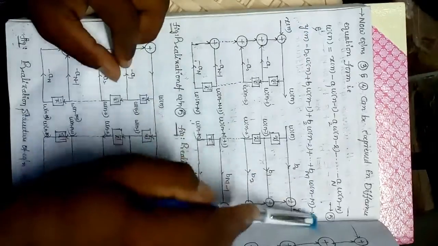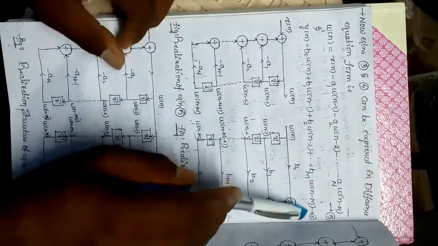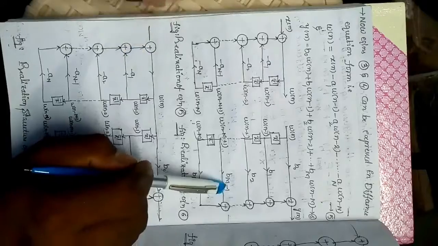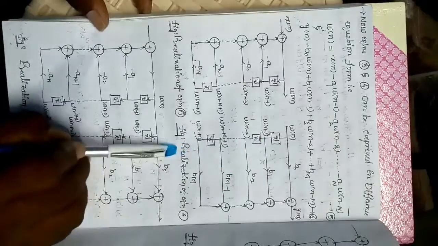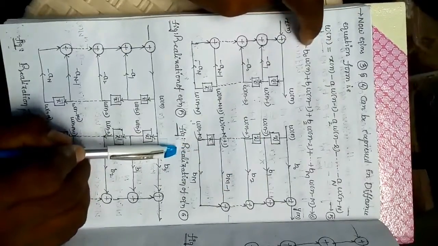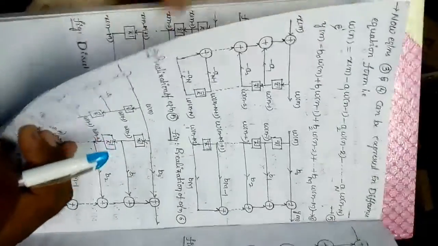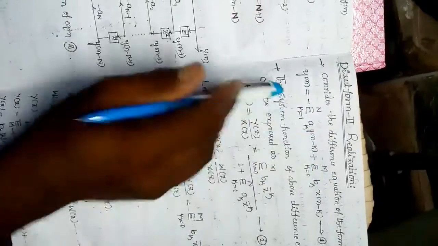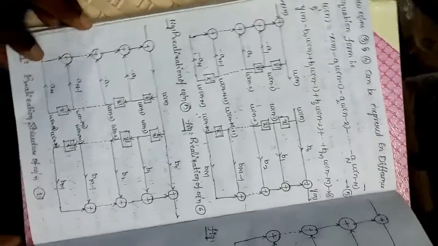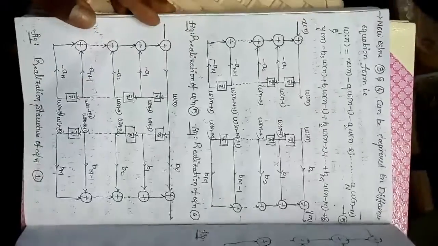Whenever you take this equation, you consider it as a relation structure like this, and this is the relation structure of equation 6. Instead of this, we are doing direct form 2 realization. One is over, and this is the direct form 2 realization.